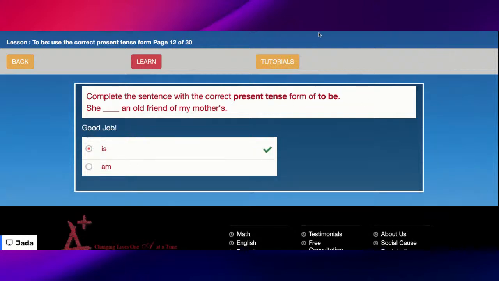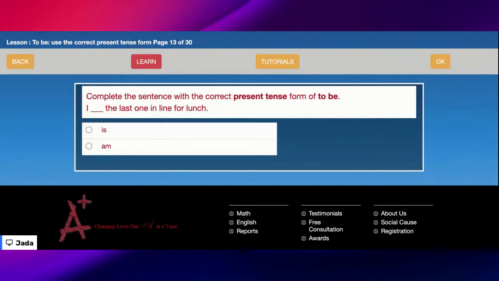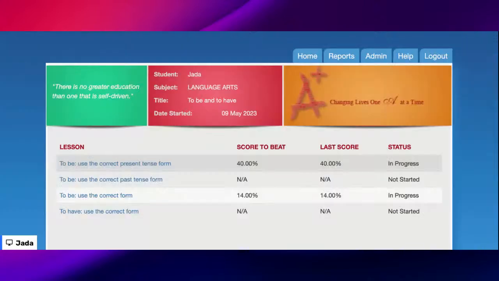All right, guys, we'll move on to the next one. That's it for this one. Tell me on the chat before we move on to the next, do you have any questions? Yes or no? You can let me know any questions. We will do the use the correct past tense form, and the remaining two will be in the next lesson.